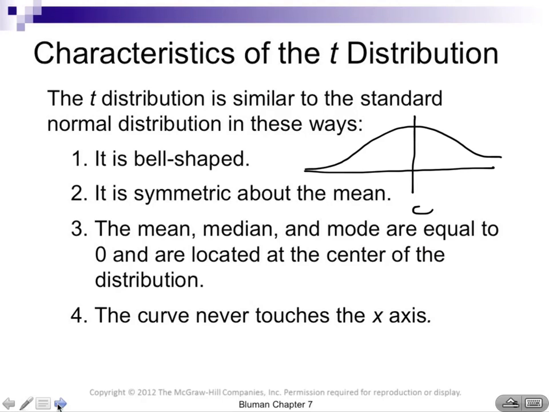Your mean here is at 0 in the middle, and it's exactly the same on either side, even though my drawing is not perfect. The curve never touches the x-axis out here on the ends, just like the z distribution. So those are the ways that it's similar to the standard normal distribution that we would use z tables for.